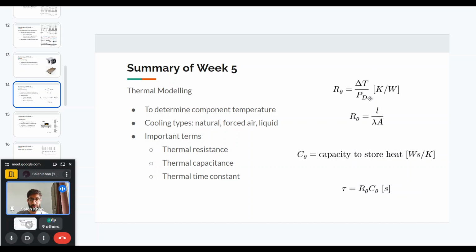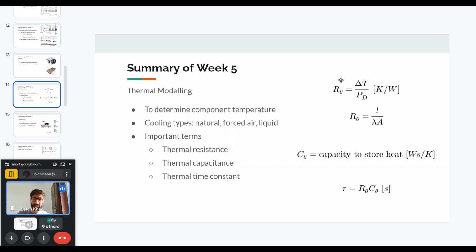It is analogous to electrical resistance, but instead of the voltage, we have the temperature, and instead of the current, we have the power loss in terms of heat. The unit of this will be a temperature unit like Kelvin or Celsius divided by a power unit, which is watts here.